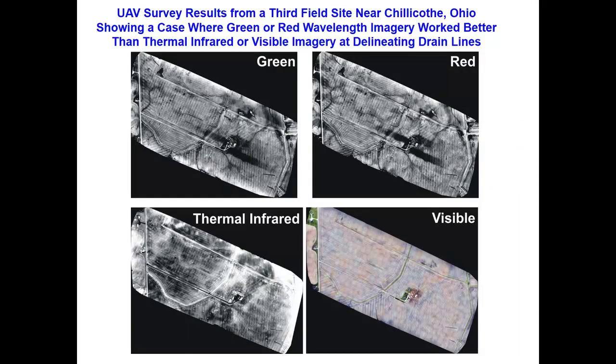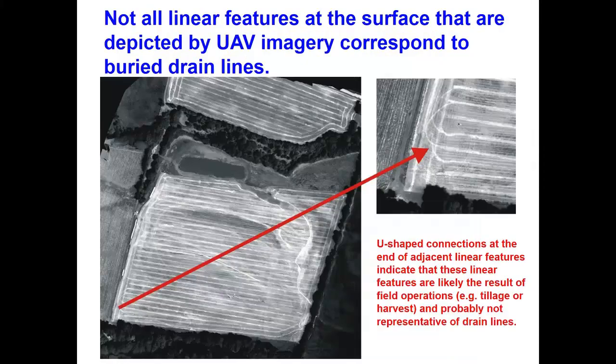Okay, one more example, again at a site near Chillicothe. Especially these north-south lines we pick up better with the green and the red than we do with the thermal infrared, and with the visible you can't really see it much at all.